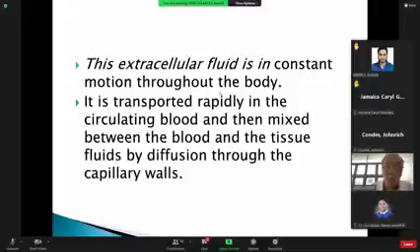So the capillary wall is a very important medium by which exchanges of molecules between the inside and outside of the cell take place.